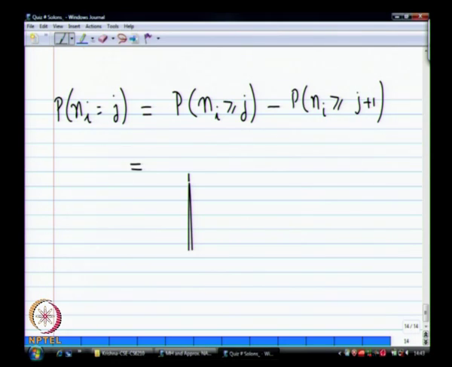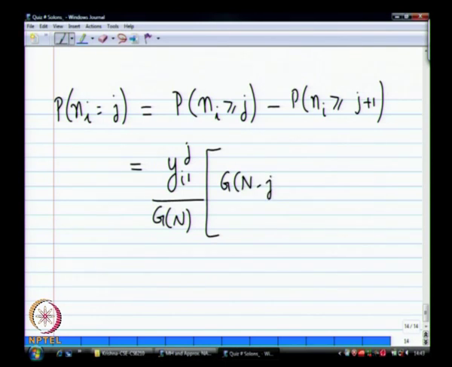So this is y_i to the power j. So with just the scaled demand values and the G table that you are computing, we can get this. Okay.